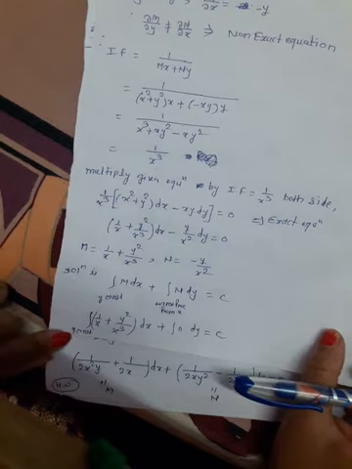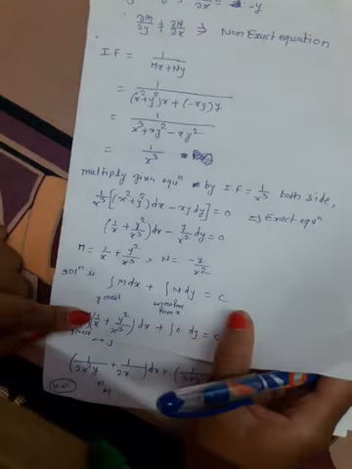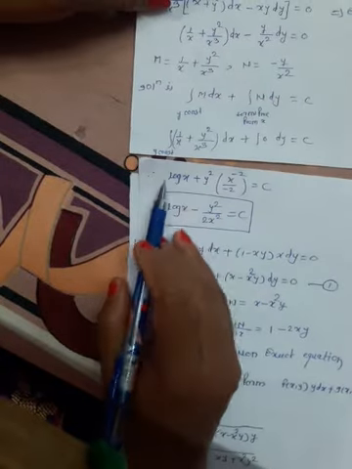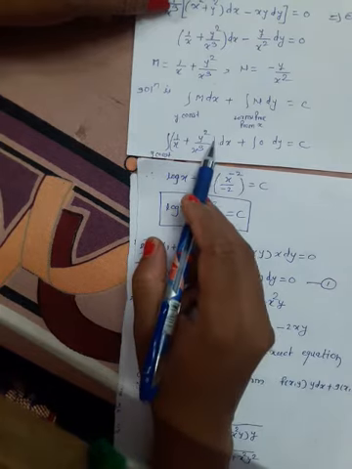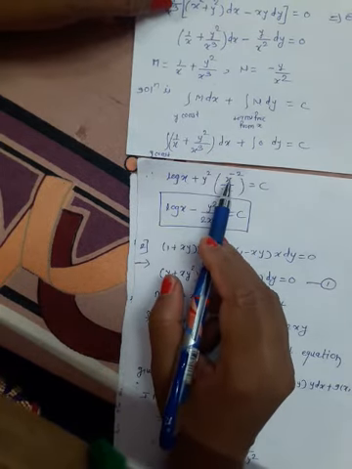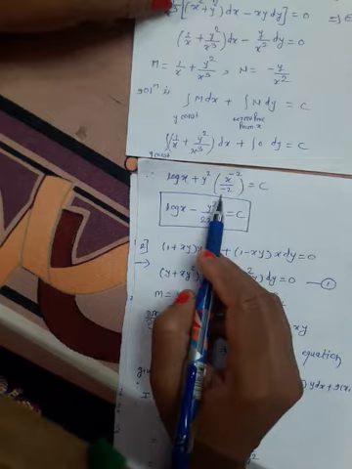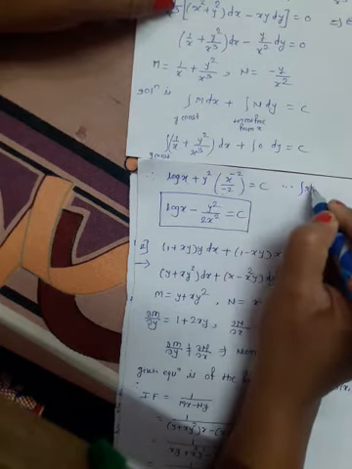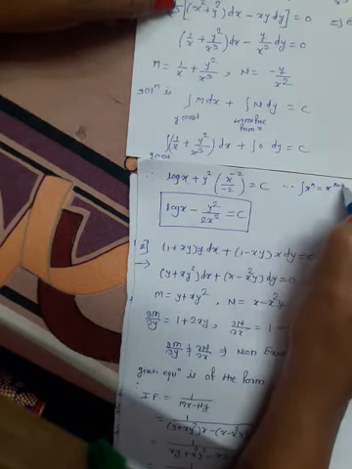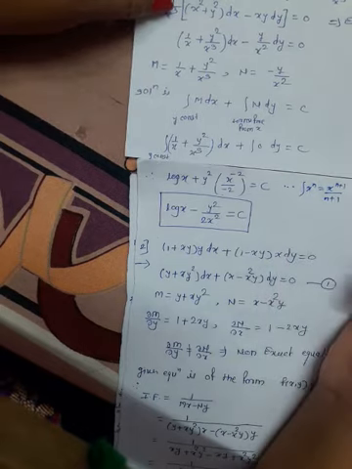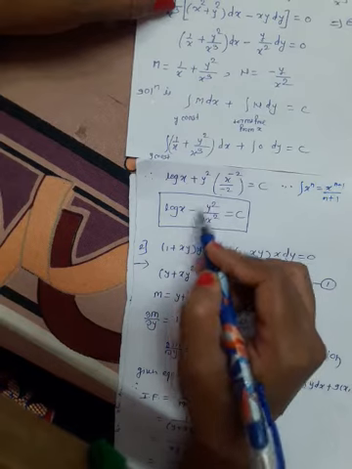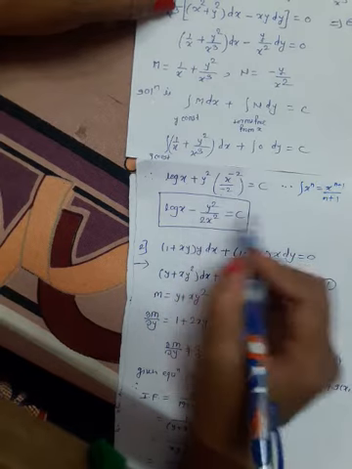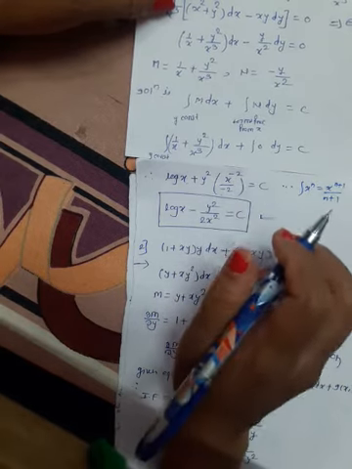Now y constant, therefore 1 upon x integration is log x, and with y constant, y square taken outside, x raised to minus 3 integration is x raised to minus 3 plus 1, that is minus 2, upon minus 2. We use the formula for x raised to n integration here. This is equal to c on the RHS. Take this minus to the middle, x square to the denominator. The solution is this. Very easy.